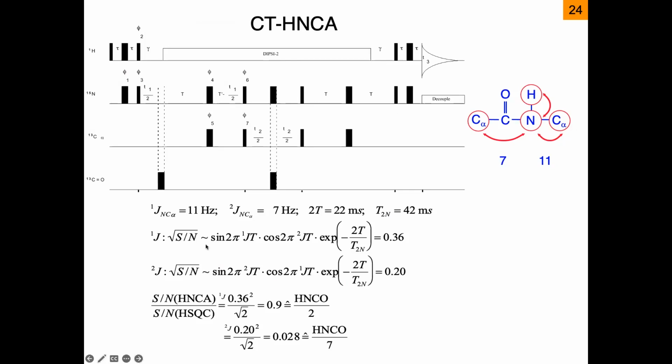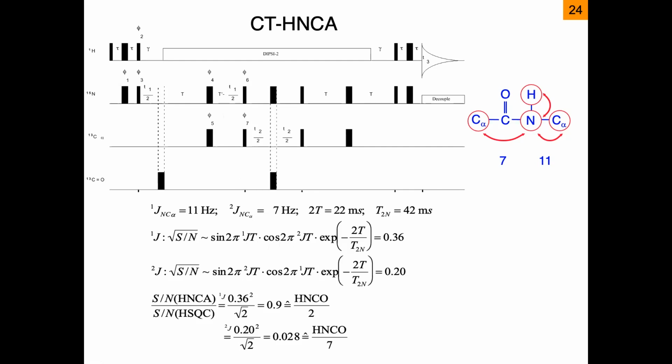So therefore, when I'm now looking at the term that describes the intra-residue C alpha, I have an efficiency that is proportional to the sine of pi J, the 1-bond coupling, times the delay length. But the 2-bond coupling needs to stay where it was. So I have a cosine term for the 2-bond coupling. And this is here, this cosine term relative to the 2-bond coupling.